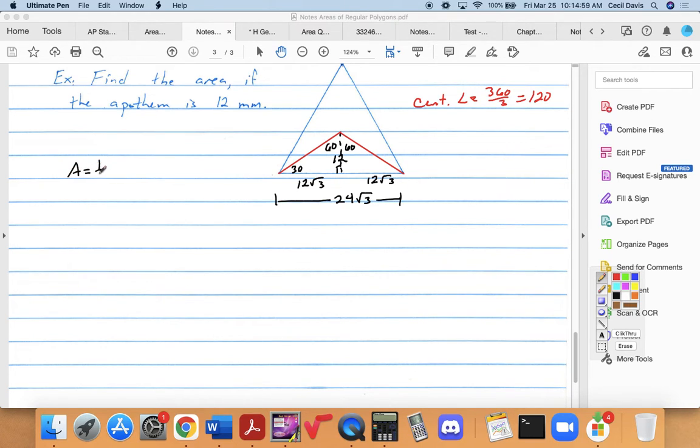So I can do area as 1/2 apothem times perimeter. So it'd be half times 12 times the perimeter, which is going to be 3 times 24 square roots of 3. Let's see, that's 72 times half of 12, which is 6. I think it's 432 square roots of 3.